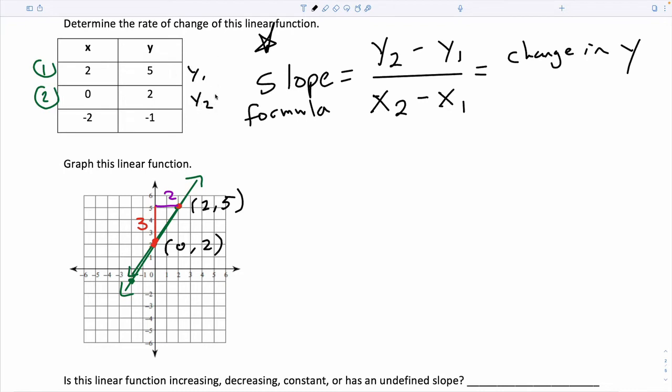It doesn't really matter, but I'm going to use y2 as the 5. Then you're going to match the x2 with the y2. So there's the coordinate pair 2, 5, x2, y2. Here's x1, y1. Now, when I plug in those numbers, watch what happens.